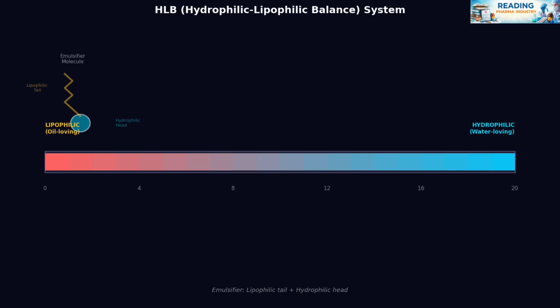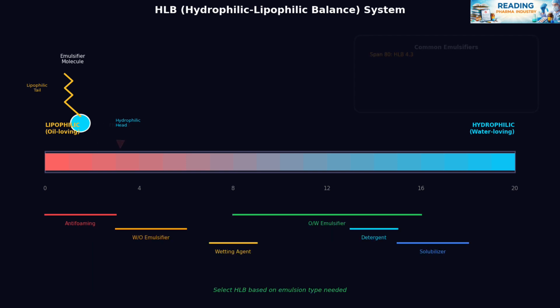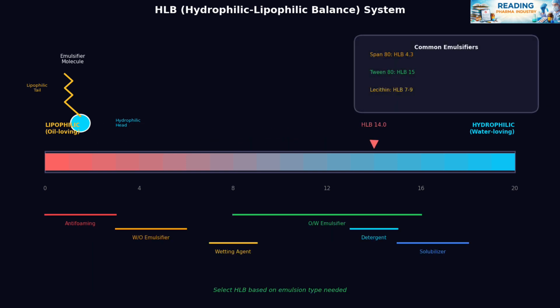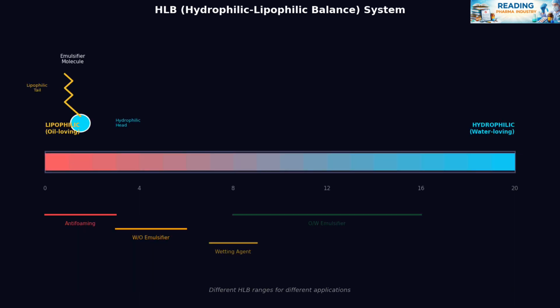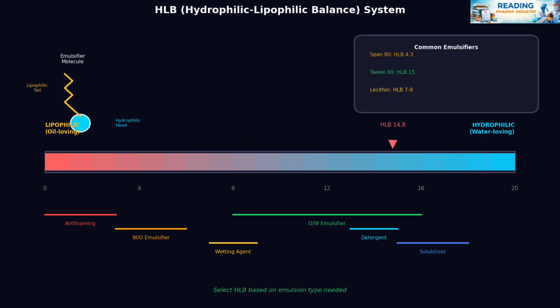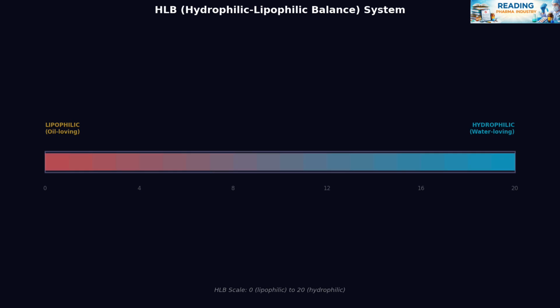Something really useful we use for matching the surfactant to the oil phase is the hydrophilic lipophilic balance, the HLB system. And it's purely based on the balance or the ratio between the hydrophilic and the hydrophobic properties of the surface active agent molecule.